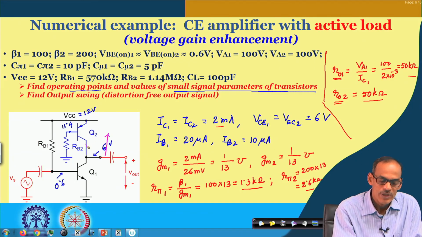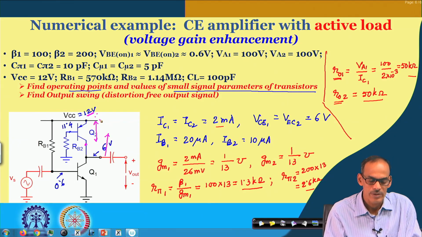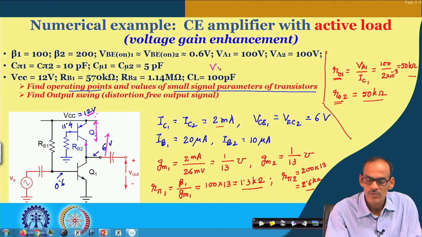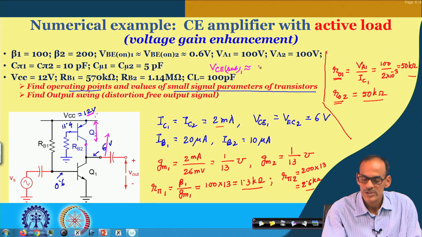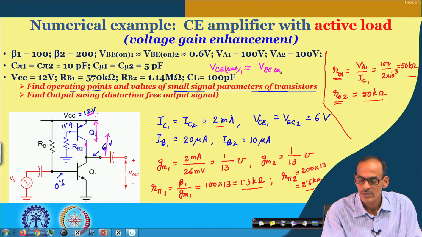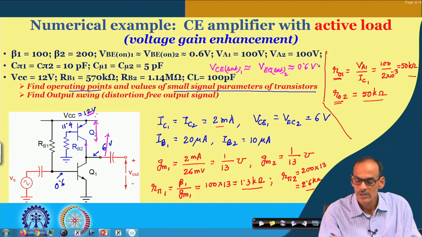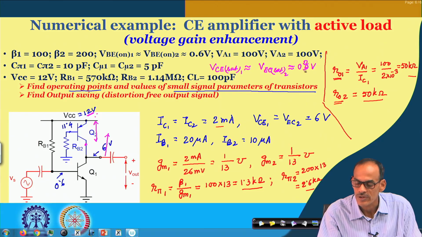The voltage at the collector can go as close as the supply voltage minus VCE sat, saturation, and we can assume that VCE sat of both the transistors is around 0.3 volt. VEC of transistor 2 in saturation is equal to 0.3 volt. Typically, that is what it can be taken.